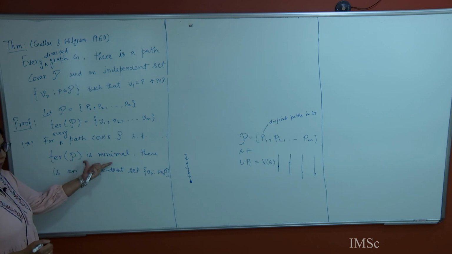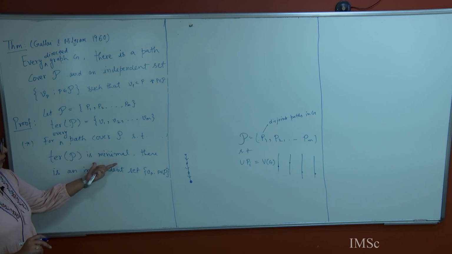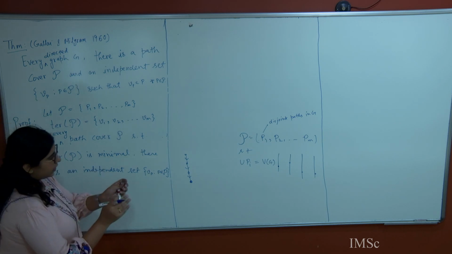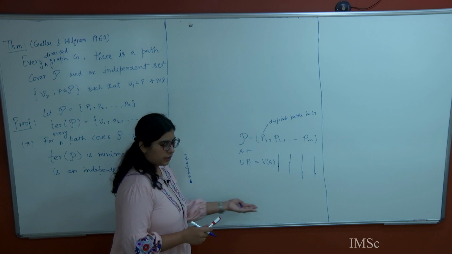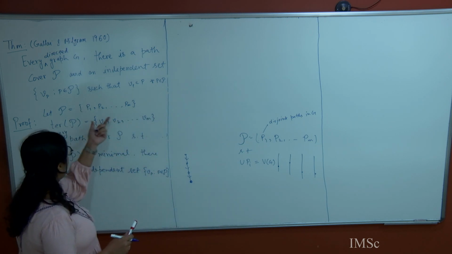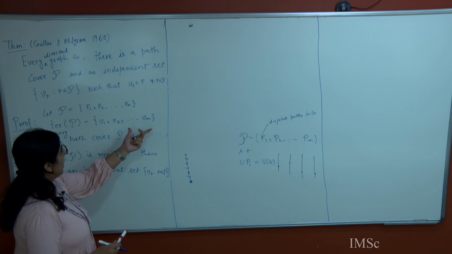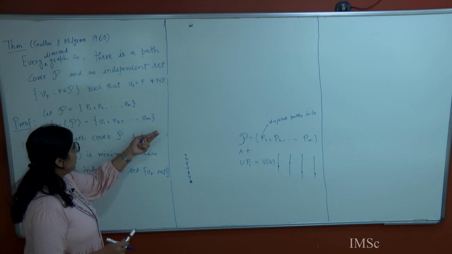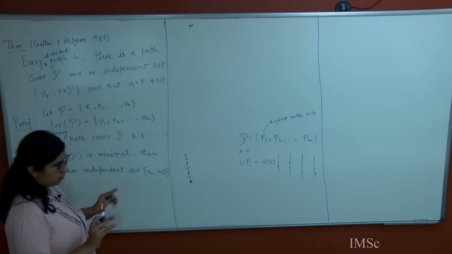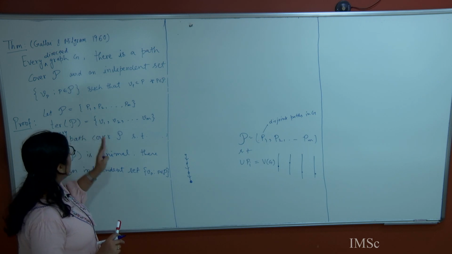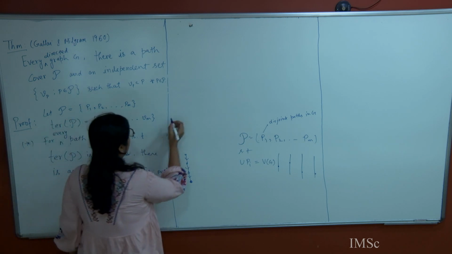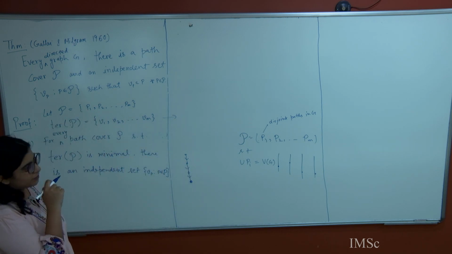So, how many paths there are, that many vertices will be there? Yeah, exactly, that many vertices are there, but minimal means that we cannot have a path cover with exactly a subset of this ter P. So if we have this path cover P1, P2, Pm and its terminal set is this, I will say that ter P is minimal if there is no subset of ter P such that we have a path cover corresponding to it.